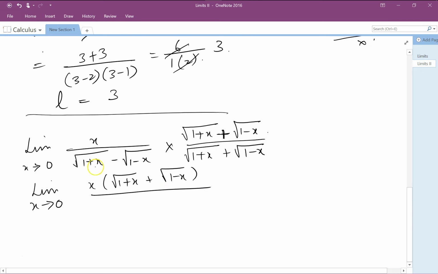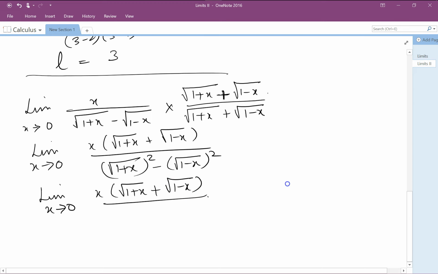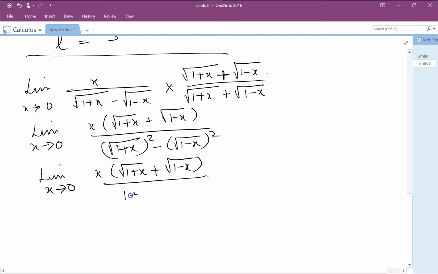In the denominator, this is a minus b, this is a plus b, so that is a square minus b square. So square root of 1 plus x the whole square minus square root of 1 minus x the whole square. So the limit as x approaches 0 becomes x times square root of 1 plus x plus square root of 1 minus x divided by 1 plus x minus 1 minus x.